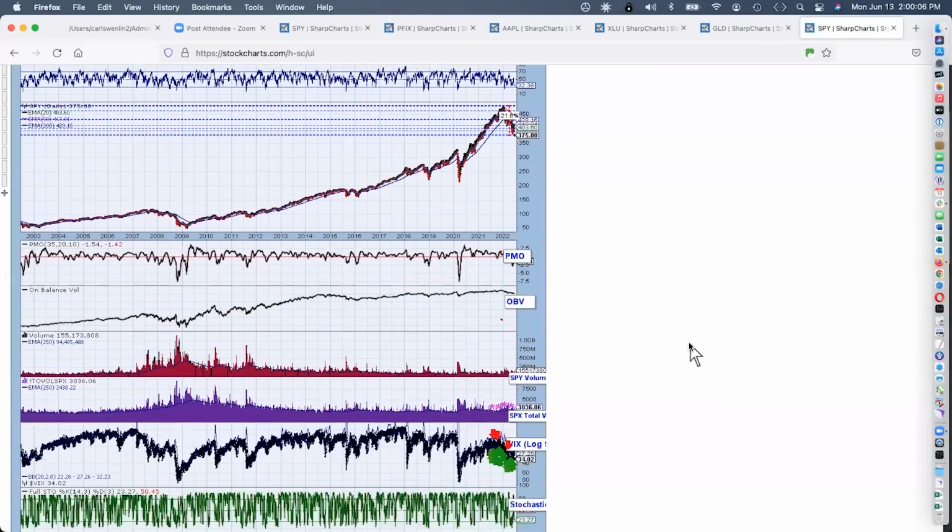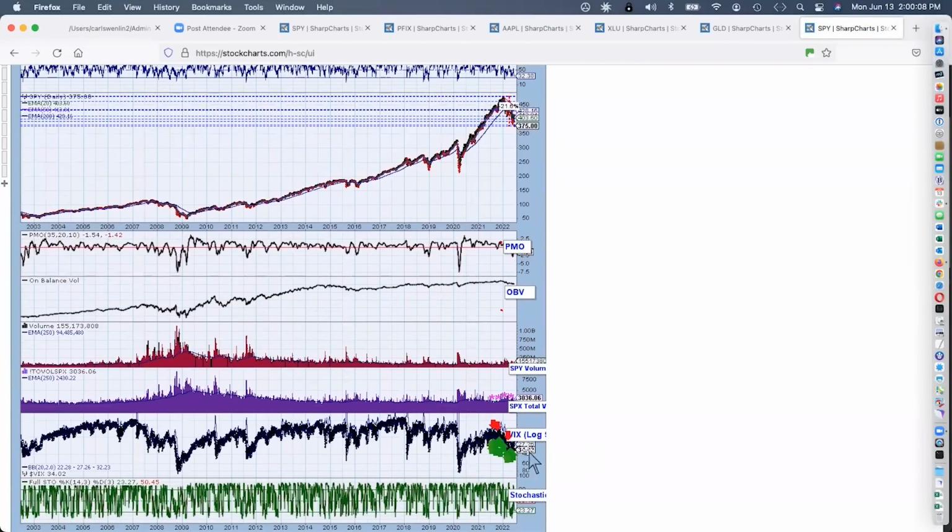All right, a little bit congested, but notice how the VIX has gotten much lower at various bear market bottoms. And it's a similar low at the 2000. Yeah, this is it right here. So we've got a lot of ways to go on the VIX before people start to get panicky.